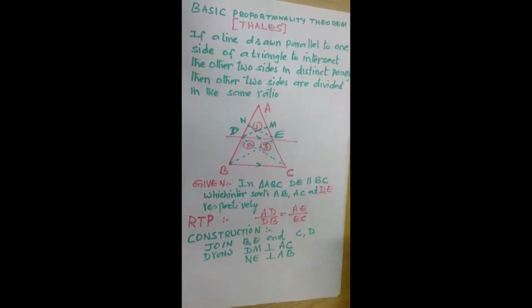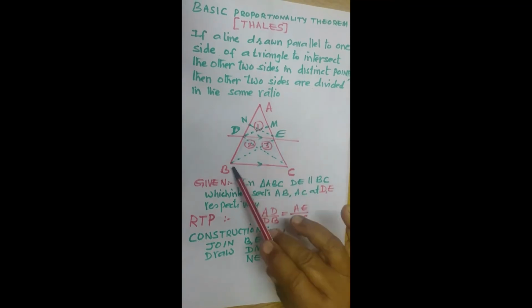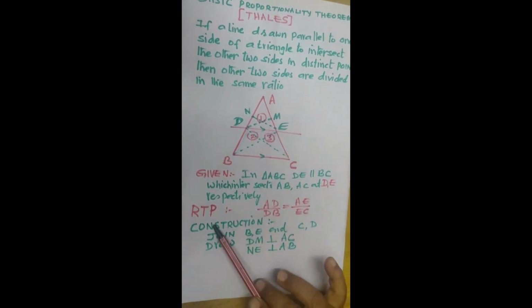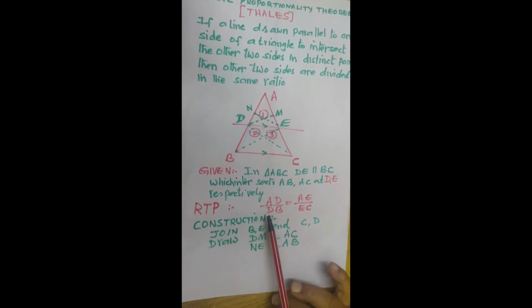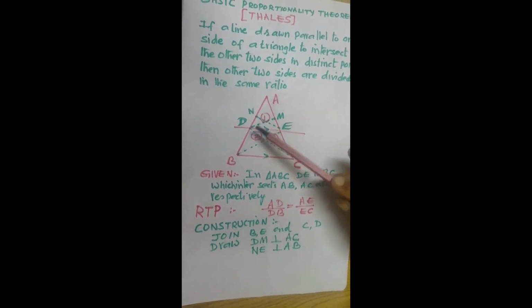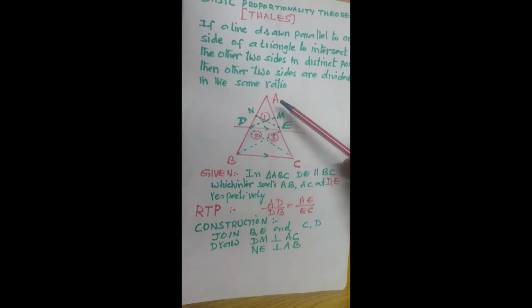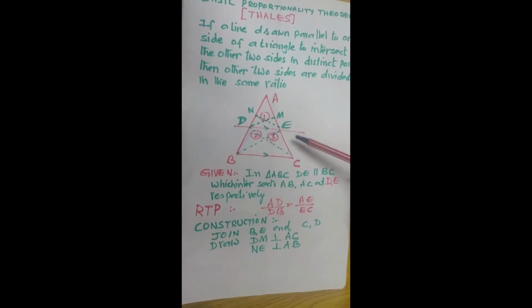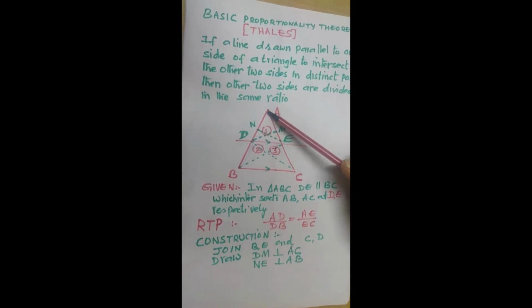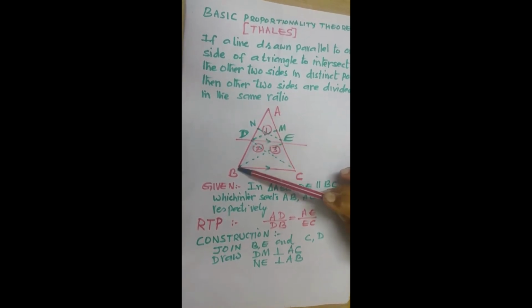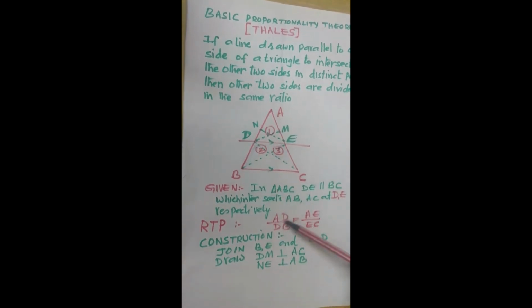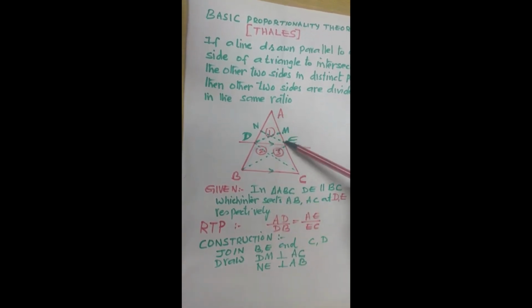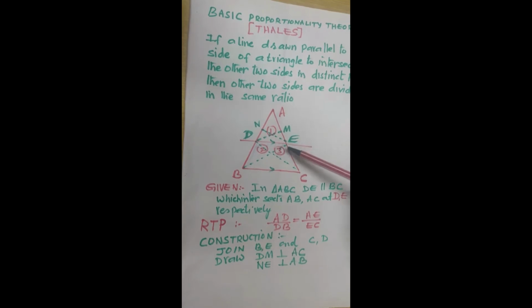So the given data is DE is parallel to BC, that's all. And in the RTP, what we have to prove is that AD is to DB is equal to AE is to EC. The ratio can be written in the form of a fraction also, that is AD by DB is equal to AE by EC.